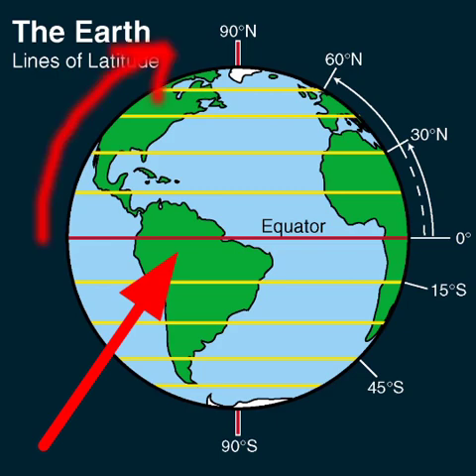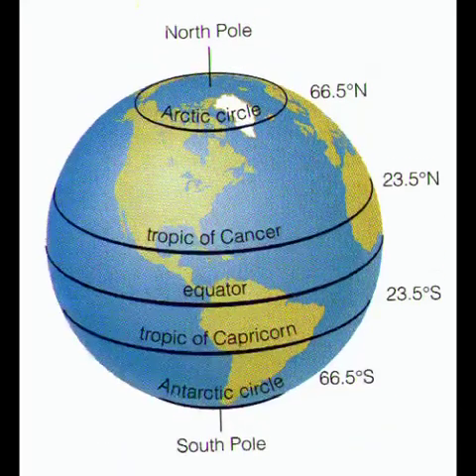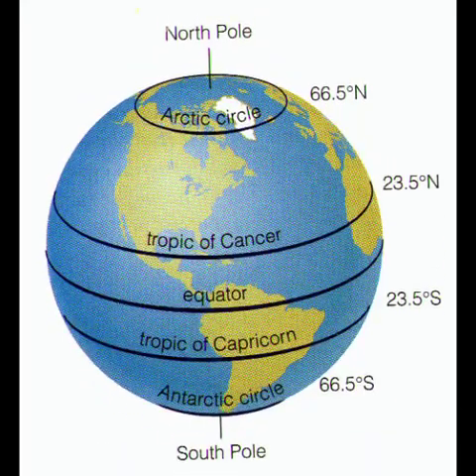As we move northwards or southwards from it, the latitudes decrease in size till they are reduced to a dot at the poles. Now, some important lines of latitude. Apart from the equator and the poles, there are 4 other important lines of latitude.